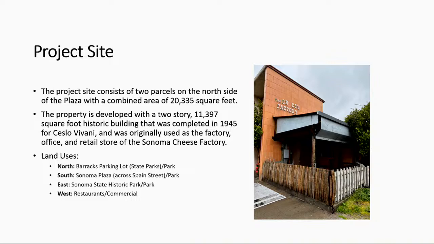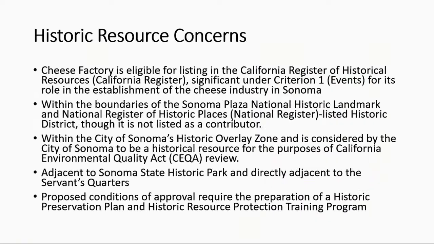There's currently a 2-story, 11,397 square foot historic building that was completed in 1945 and was used for the cheese factory at that time. To the north is the Barracks parking lot, Casa Grande, which is owned by State Parks. And to the south is the Sonoma Plaza. To the east is the Sonoma State Historic Park, which is a state park. And to the west we have restaurants and the commercial zoning district.